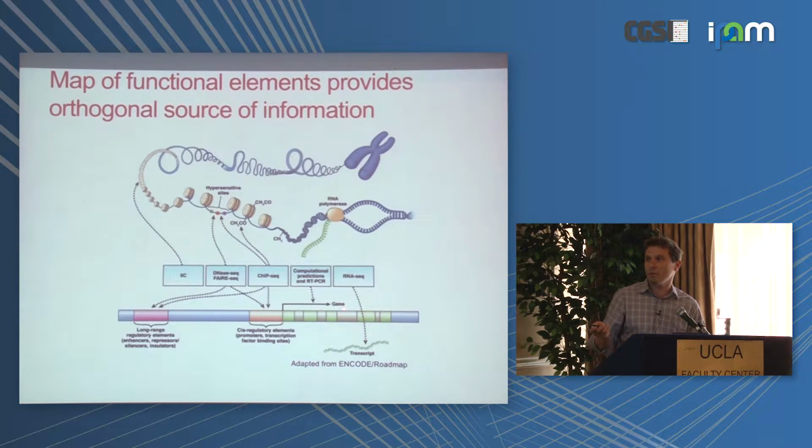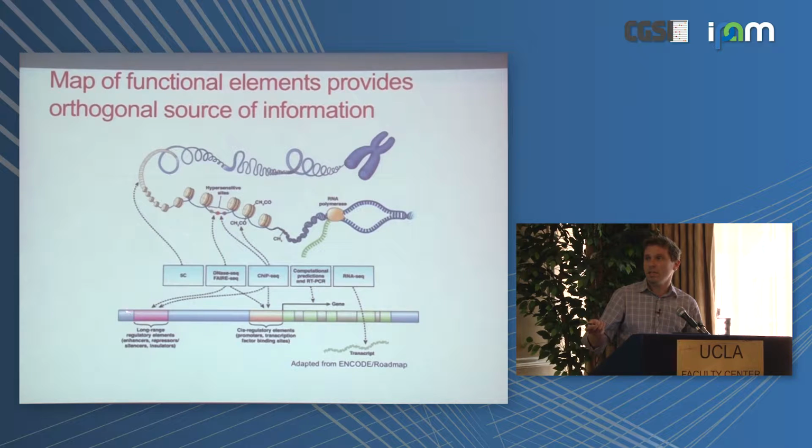So for example, you might think about one such functional annotation of the human genome would be where the genes are. Or you might think about regulatory regions in a particular tissue. And there's a lot of ways that you can detect that through various protocols, which I'm not going to go through.